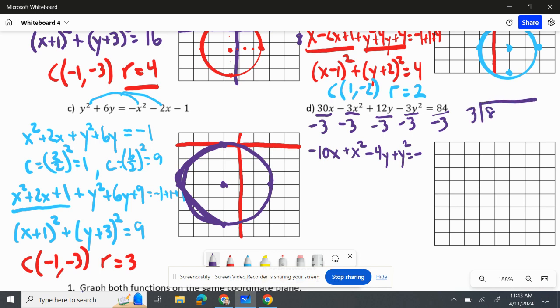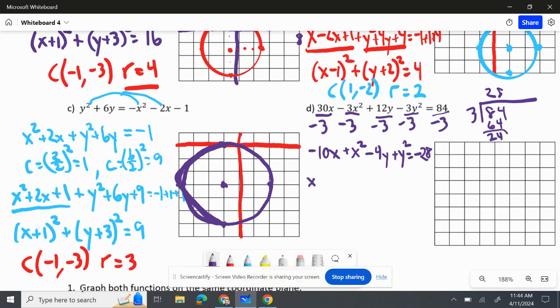So 3 goes into 84, 2 times, and that would be 24, and that would be 8, so 28.